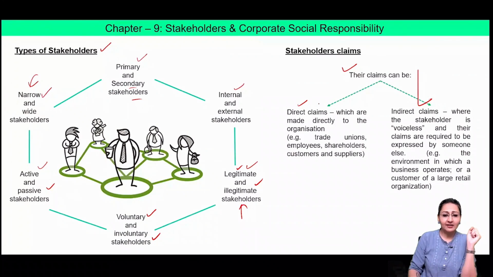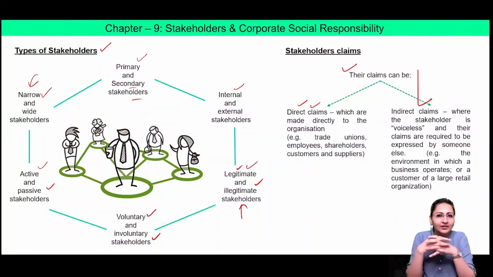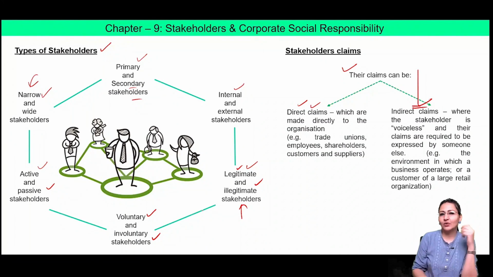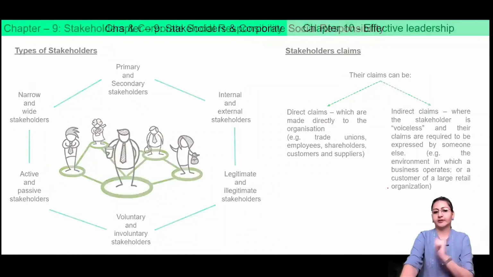Direct claims are where the stakeholders directly come to the organization and ask for their expected demand. Indirect claims are when the stakeholders are voiceless, they need someone else to represent them. You can say maybe an NGO where a customer, if directly not able to connect with the company, may come through an NGO, or an NGO may raise the concern from many customers. So that is an indirect claim coming from a stakeholder.